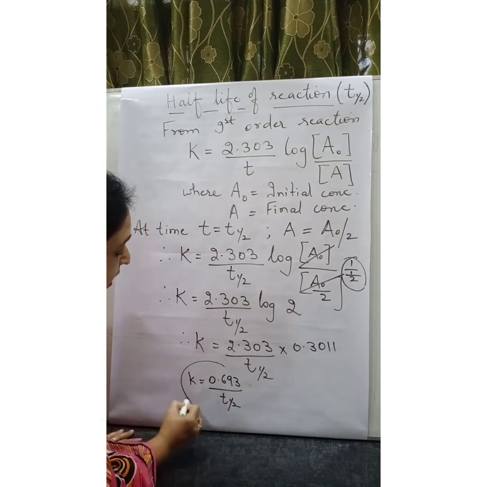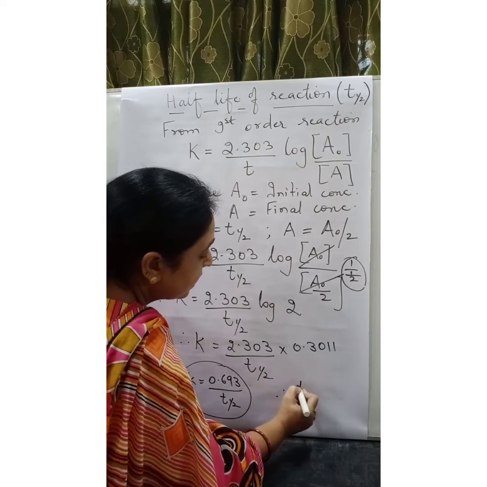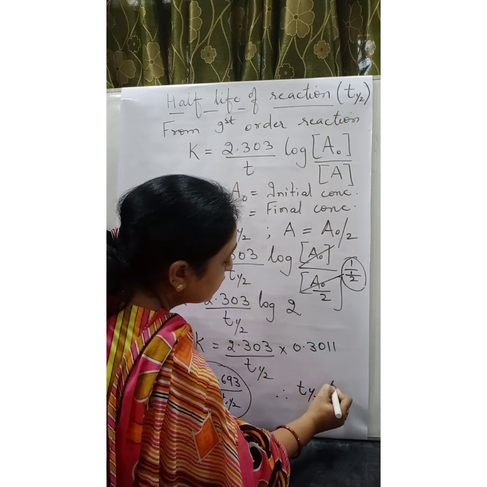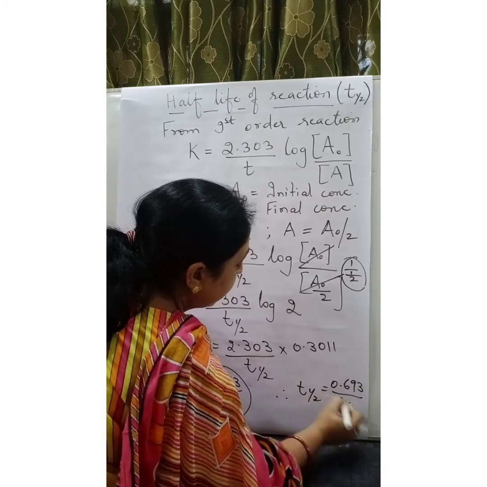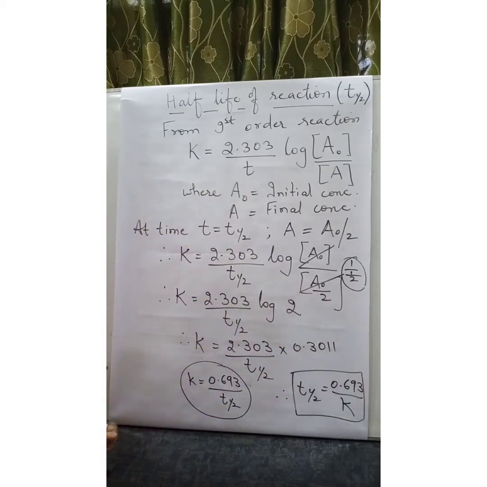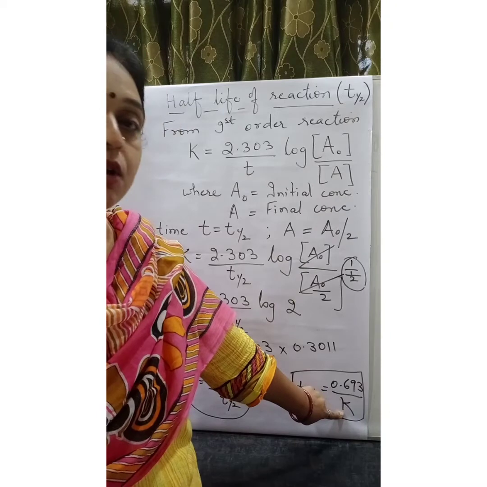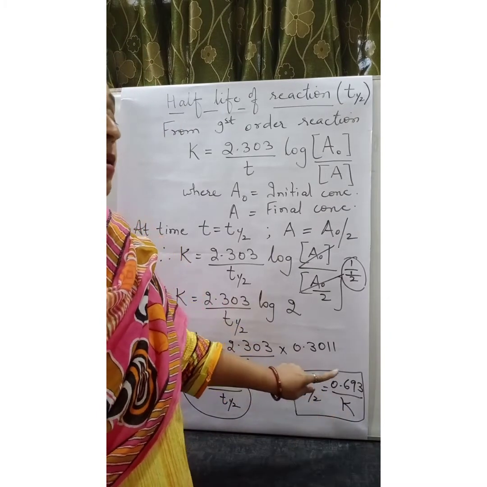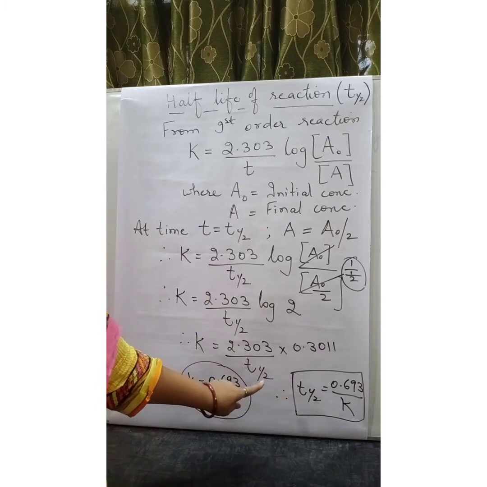Now since we are deriving an expression for tau half, we can write tau half is equal to 0.693 upon K. This is the relation between half-life of the reaction and velocity constant. It is very much used for numerical purposes.